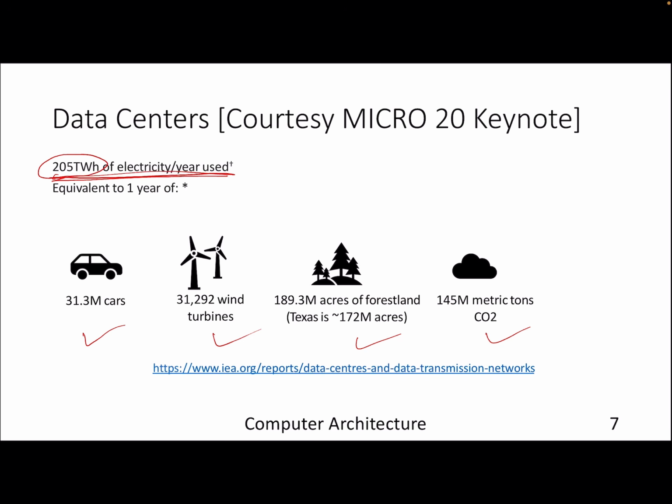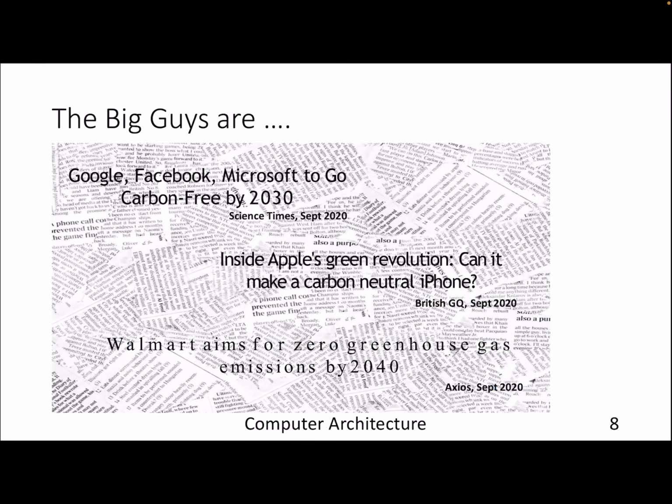It means this is actually a bigger problem to solve. Talking about sustainability and CO2 emissions when you are designing your systems will be the problem for the next few years. That's why most of these companies are trying to become carbon free in the next few years.